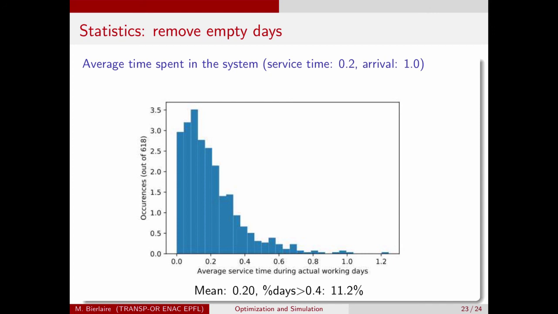I have again on the x-axis the average service time, but only during actual working days, and the number of occurrences on the y-axis, now out of 618 realizations. Now I can recalculate the two statistics that I had before. The mean is 0.20 and the number of days larger than 0.4 is 11%. The number of days is the same, but now it's divided by 618 and not by 1000 as before.